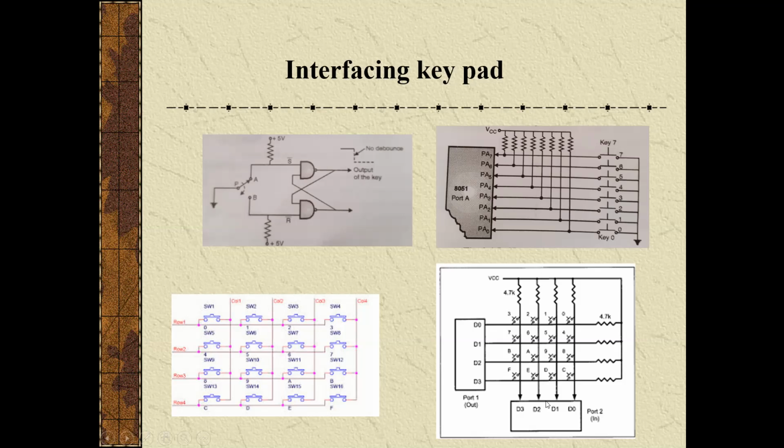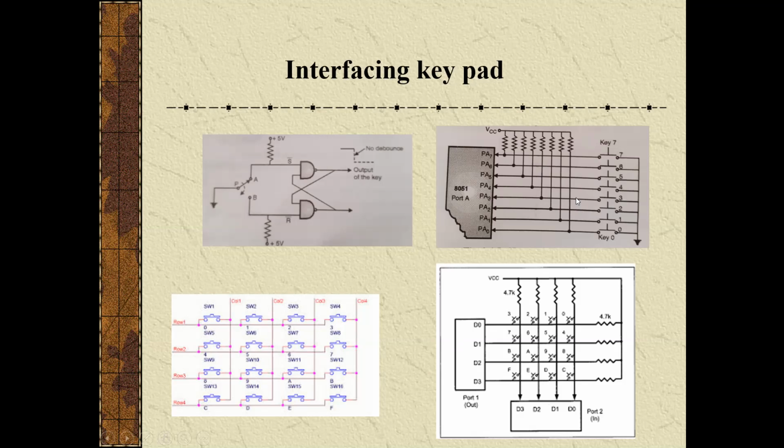Through the input ports, we interface the keyboard, which consists of mechanical switches, and these switches are arranged in non-matrix and matrix form. This figure shows the non-matrix form, and these two figures show the matrix forms.